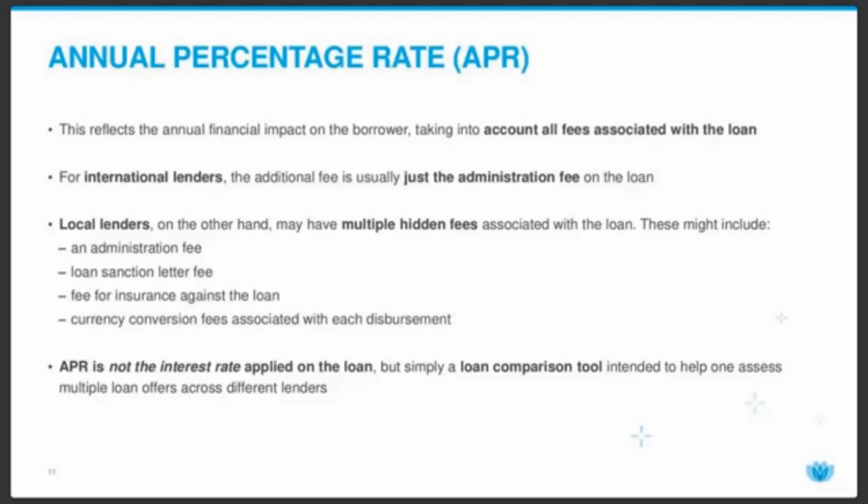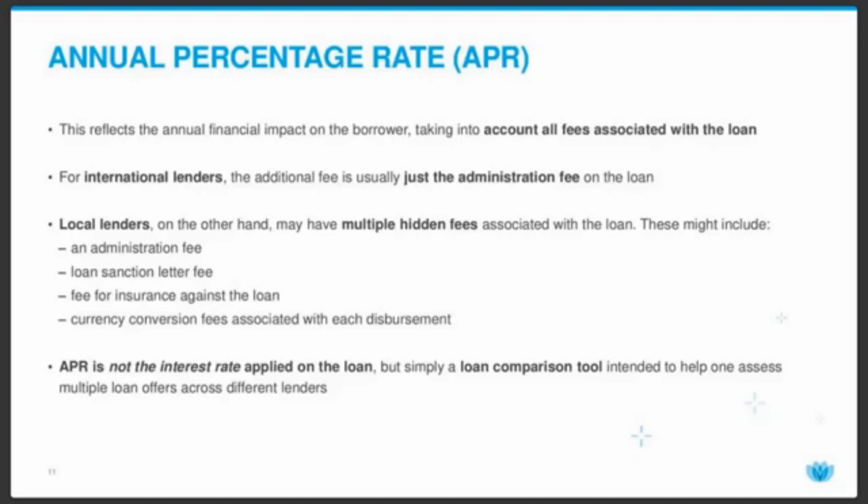These might include one or more of an admin fee, which could be either a percentage or a flat amount. A loan sanction letter fee, like I said, in some cases, you might be charged up to 1% of your loan amount just for the loan sanction letter, which you need to, of course, show for your I-20 and visa purposes. Incidentally, there is no charge for a loan sanction letter from Prodigy Finance.